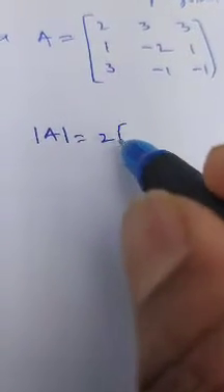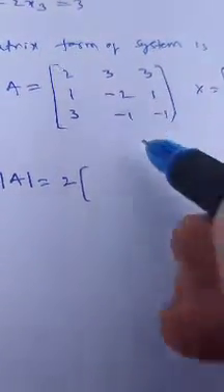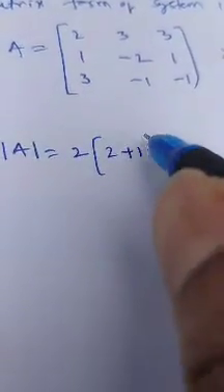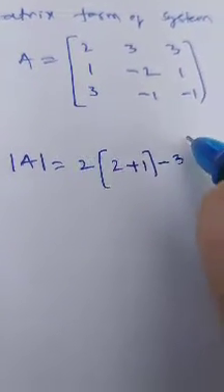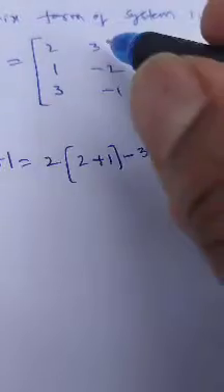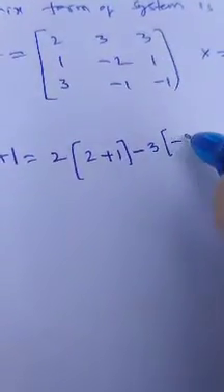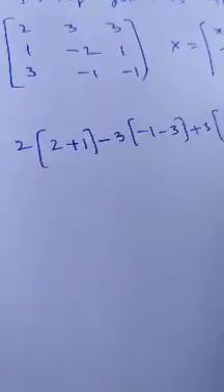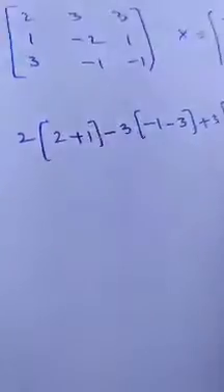Now to apply the inversion method, first you find det A. We need A inverse, no? So I am finding det A. How to find det A? 2 into minus 2 into minus 1, minus 1 into 1, minus 3 into 1 into minus 1, minus 3 into 1 plus 3 into minus 1 into minus 2, minus 3 into 1 plus 6.